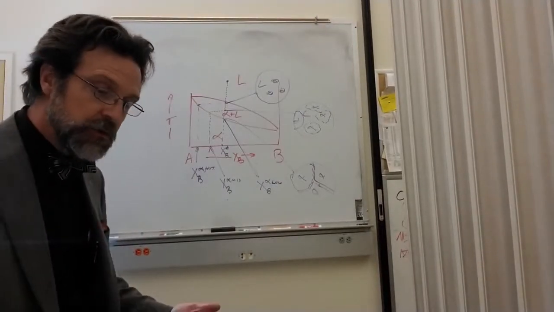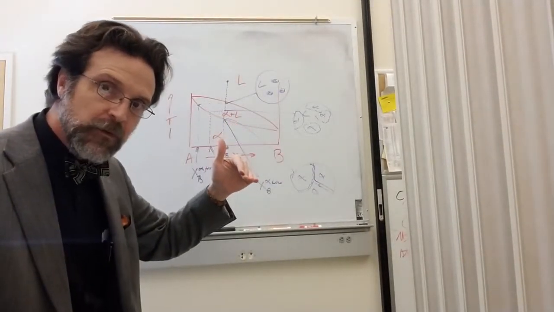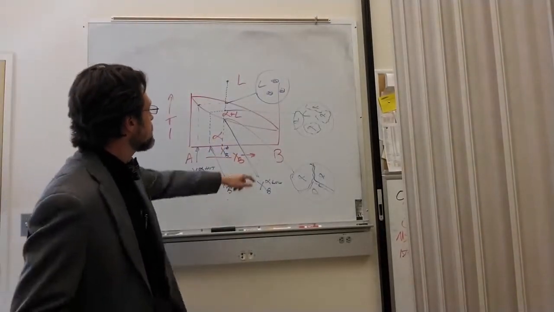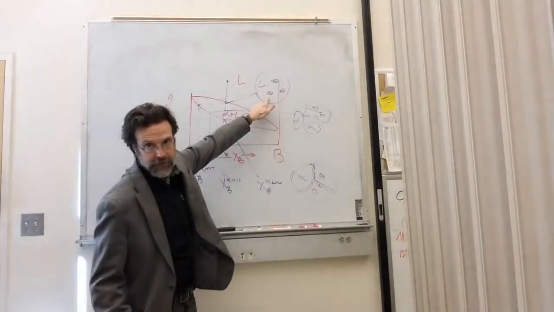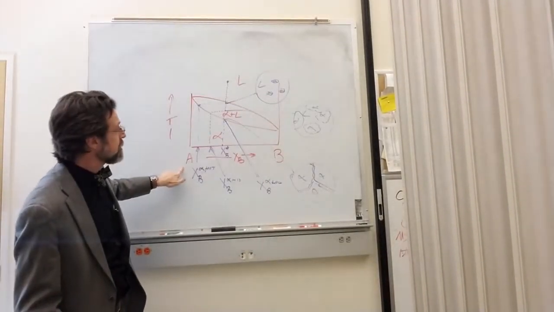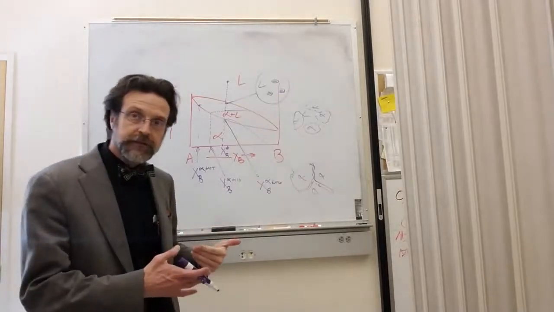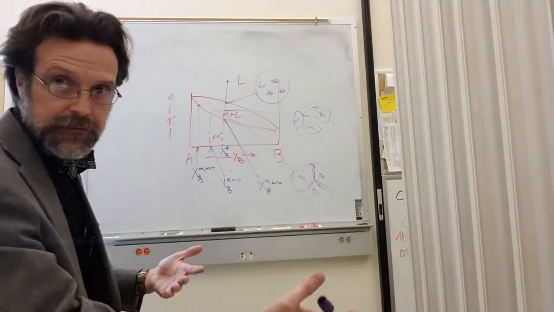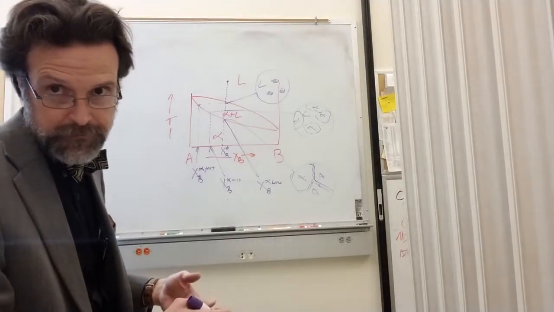If instead you imagine we cool it down relatively quickly, well, what happens is that alpha, which is very rich in A atoms, in the solid, they don't have time to diffuse outward and get absorbed into the liquid, right?